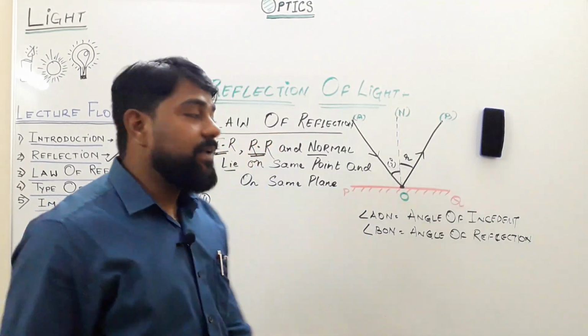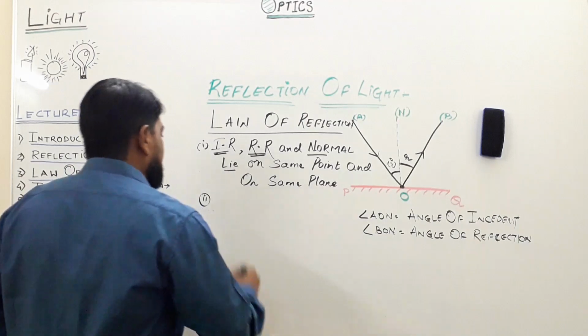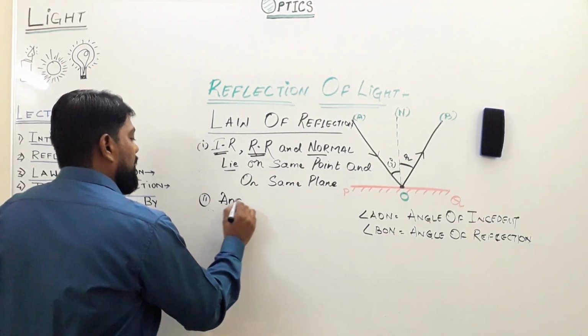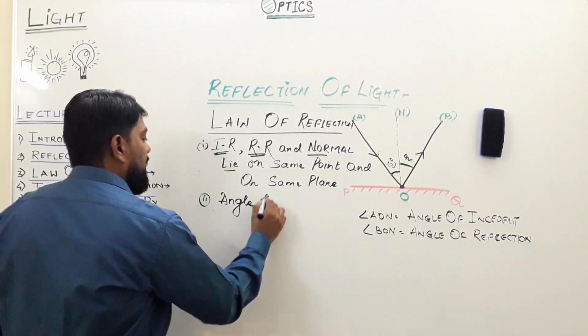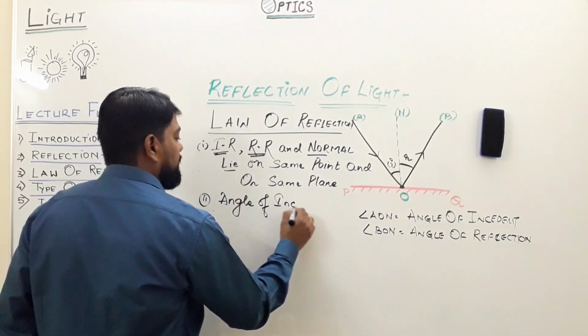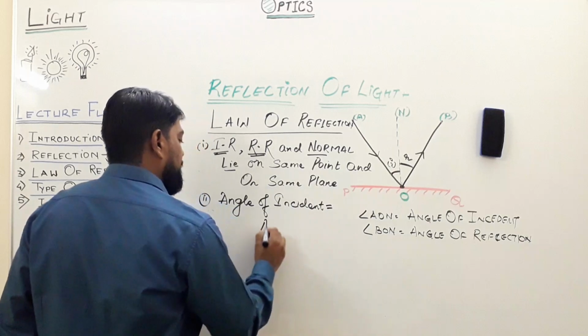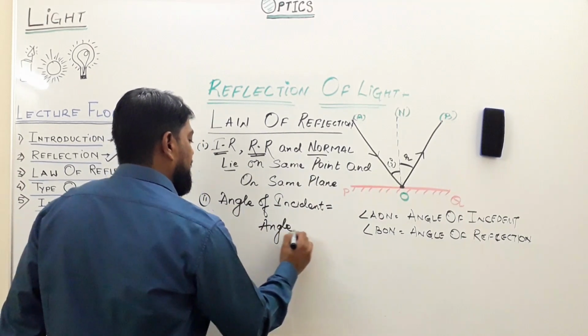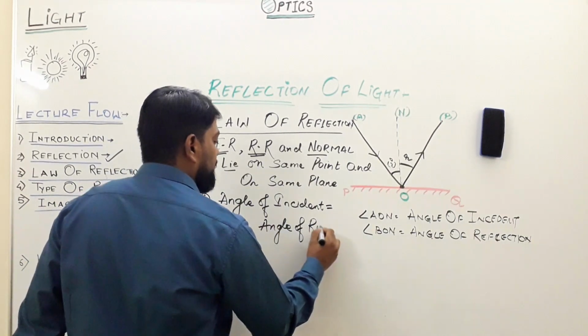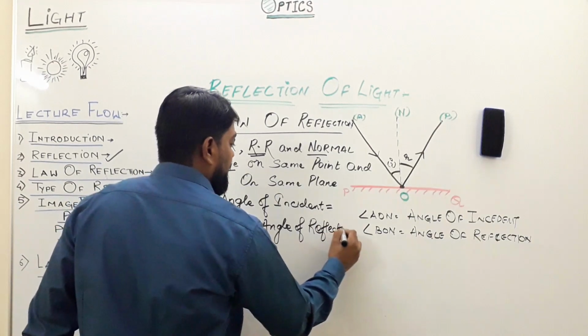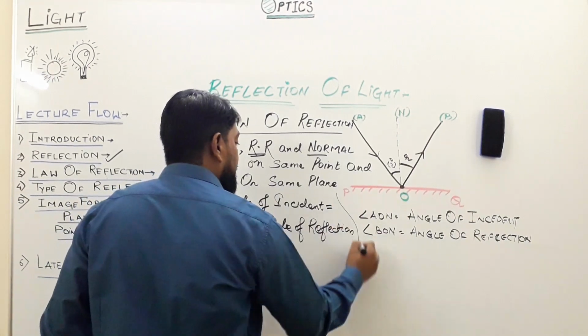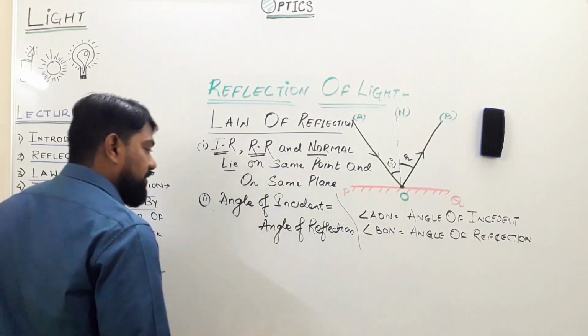The second law says that the angle of incidence is always equal to the angle of reflection, for every phenomenon of reflection.